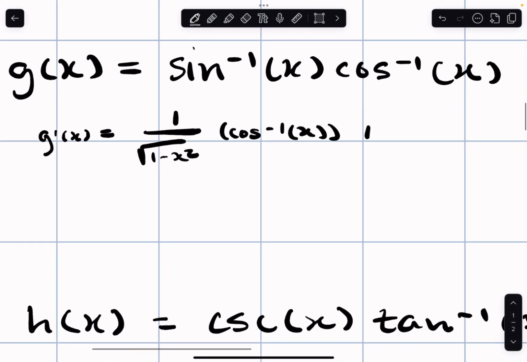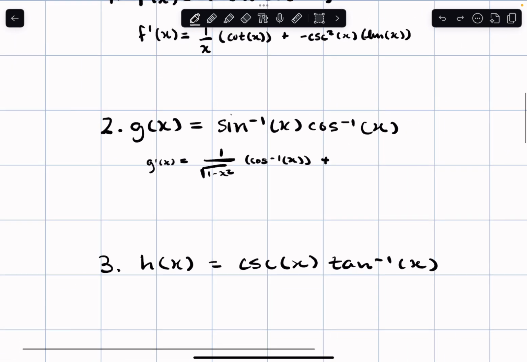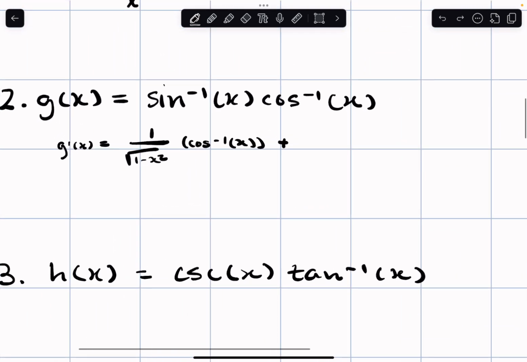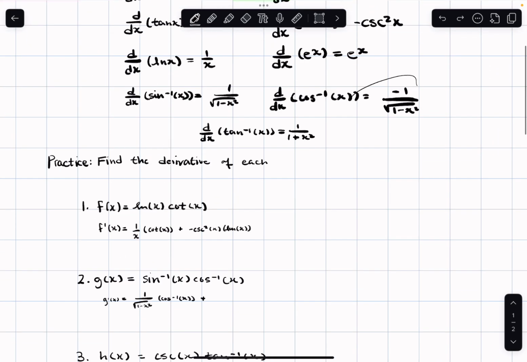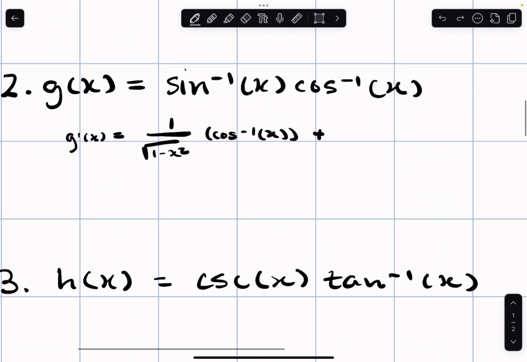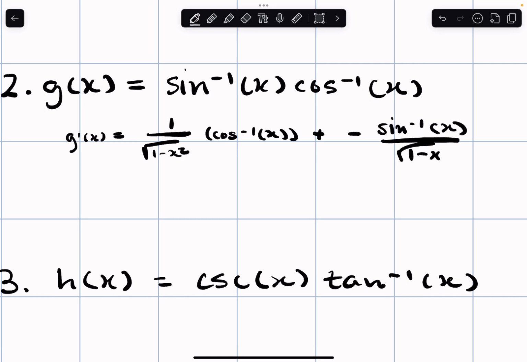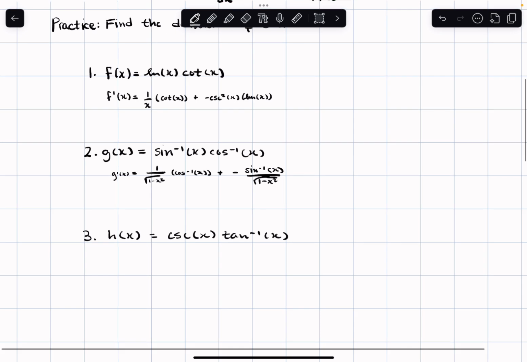And then we will add the derivative of cosine inverse of x, which is the negative of that, as you can see right here, and then we'll multiply by sine inverse of x. So it's just going to be negative sine inverse of x divided by the square root of 1 minus x squared. All right, and that's a great application of the product rule.